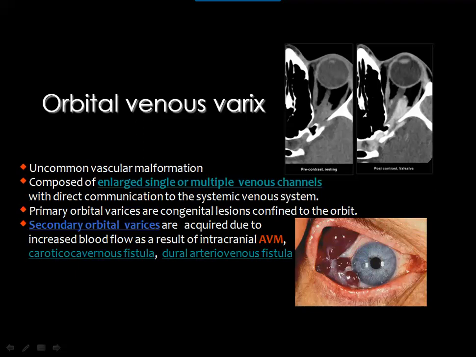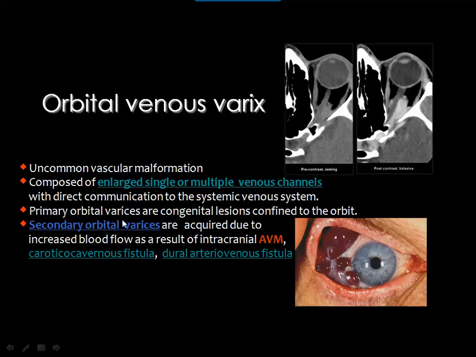And these venous channels will distend on Valsalva maneuver, and they will show evident post-contrast enhancement. They are directly communicated to the systemic venous system, and they are considered congenital lesions if they are primary, occurring inside the orbit only.